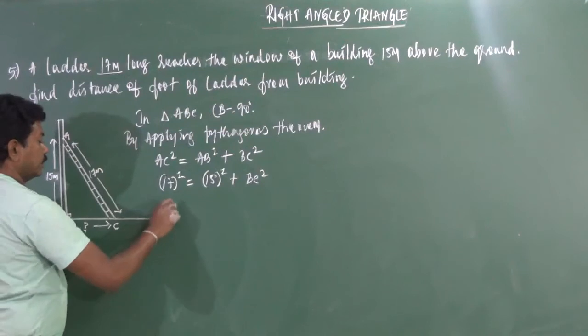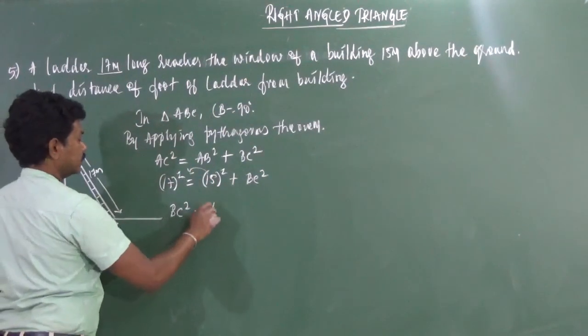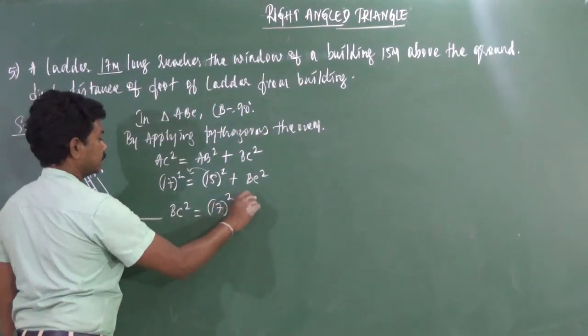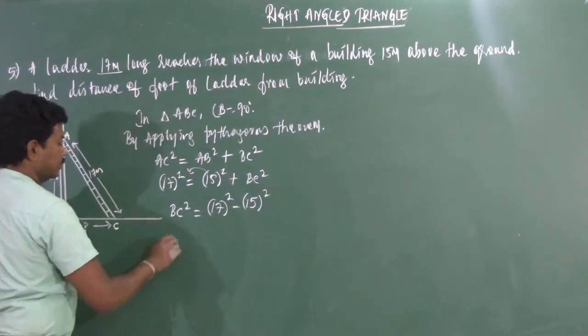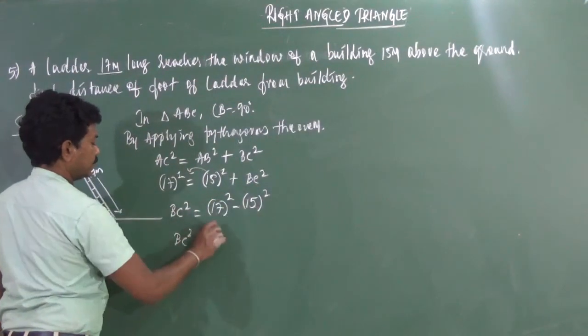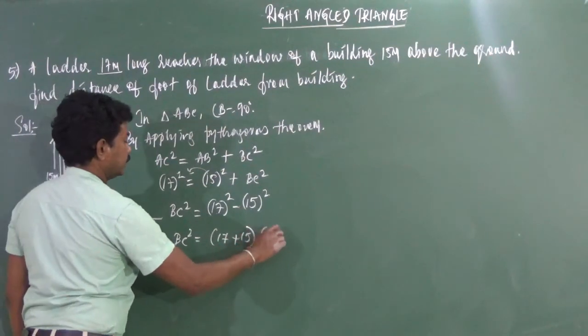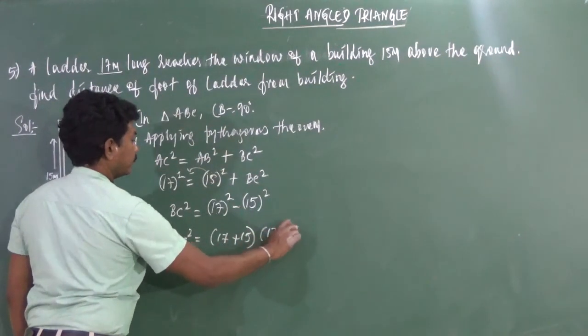So BC square is equal to, transposing this to LHS, 17 square minus 15 square. That is in the a square minus b square format, so 17 plus 15 into 17 minus 15.